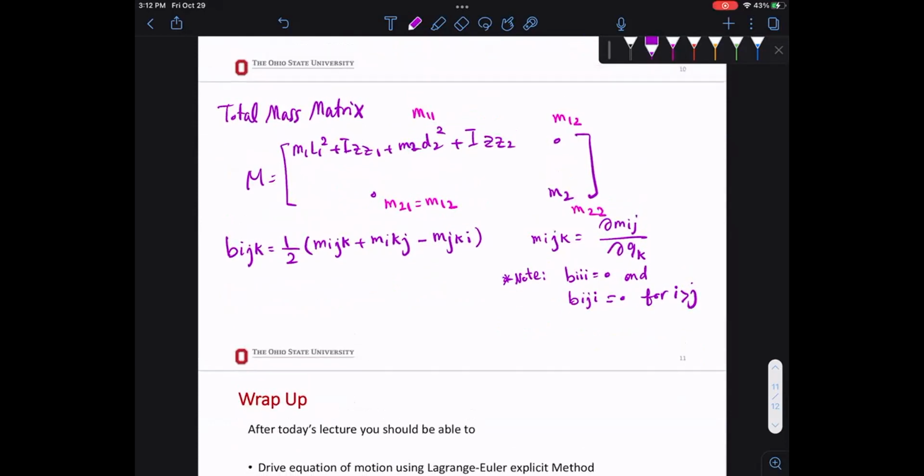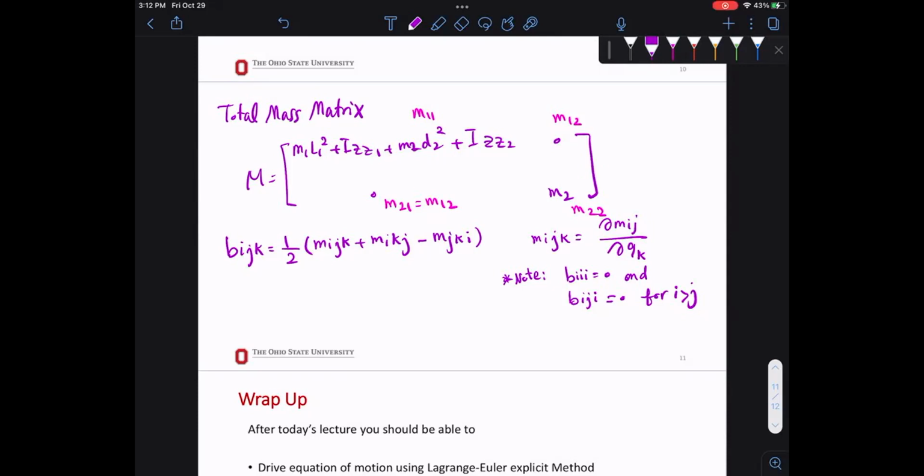If you look between M11, M12, M21, and M22, which one will vary with your joint variable? Which one of those four? M11 only, right?